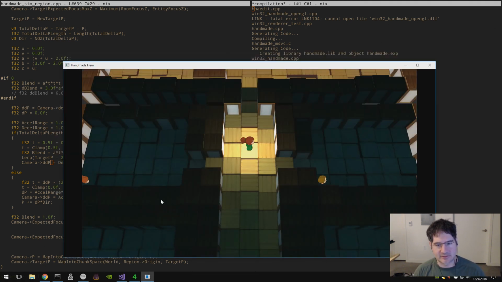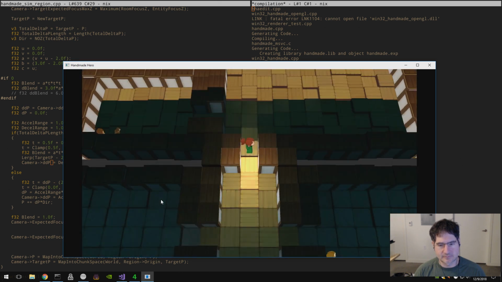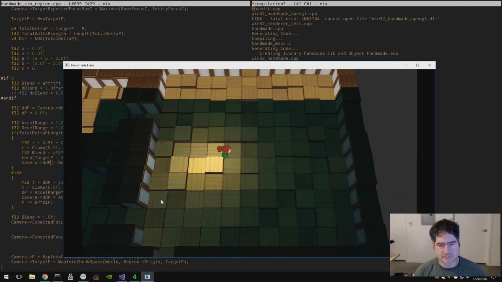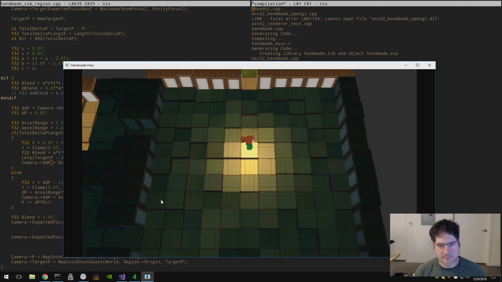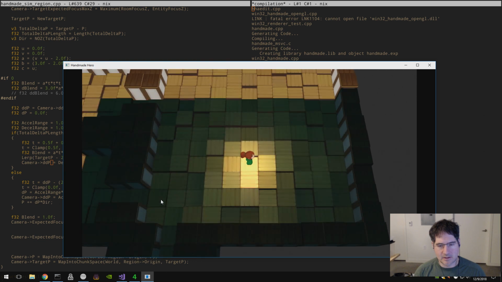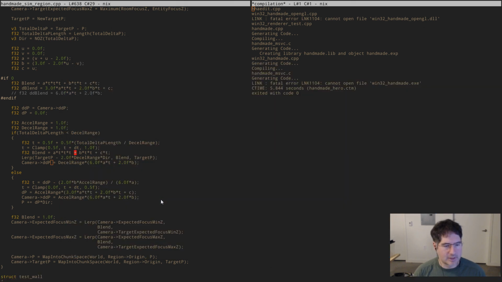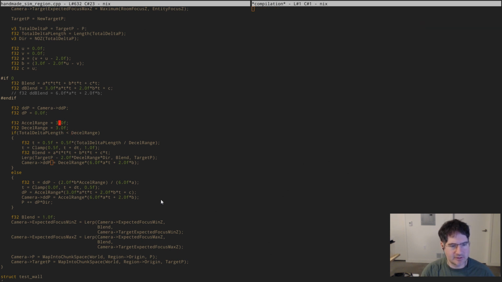I believe that's correct. So I'm not sure, again, why I'm getting that. I think I may have made a mistake in this one. So let's make these a little larger just temporarily.